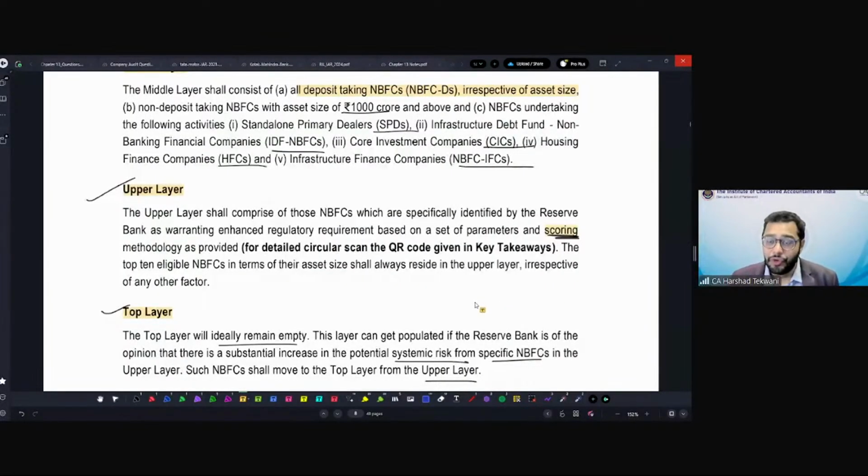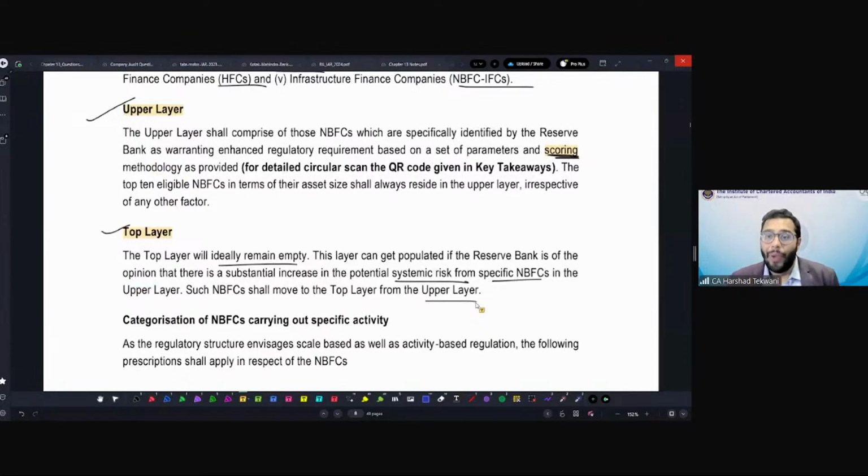The top layer usually remains empty, but when there is an increase in systemic risk or failure risk, the RBI may, by notification, transfer that particular NBFC from the upper layer to the top layer. That is how the layering system works.